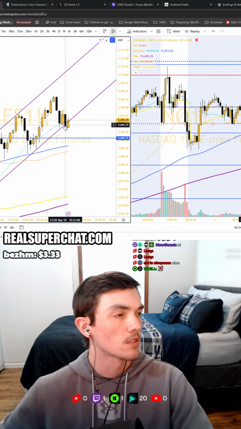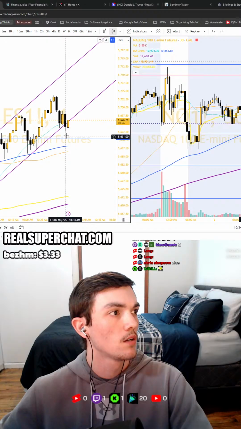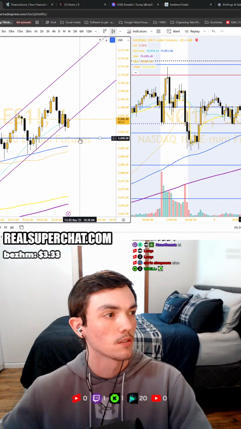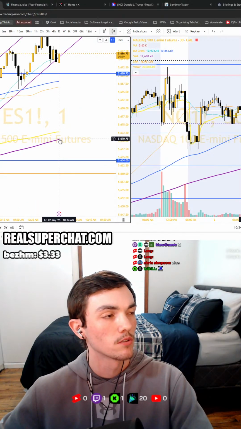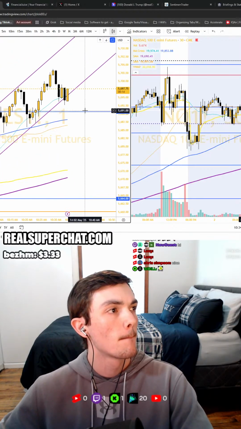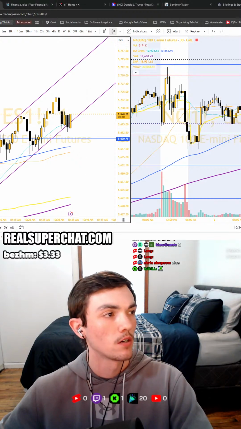See, I told you it was gonna wick through that trend line, then come back. See if it respects it and come back, or if it rejects it and falls down to this VWAP or 200-day moving average. Looks like it's gonna respect it, at least for now.